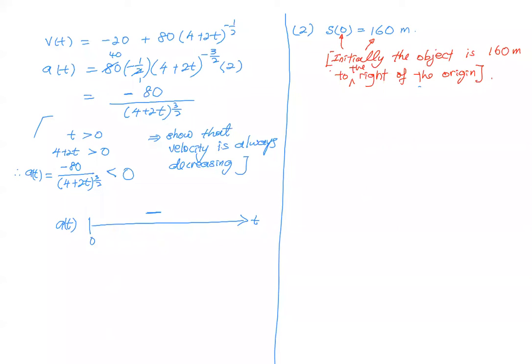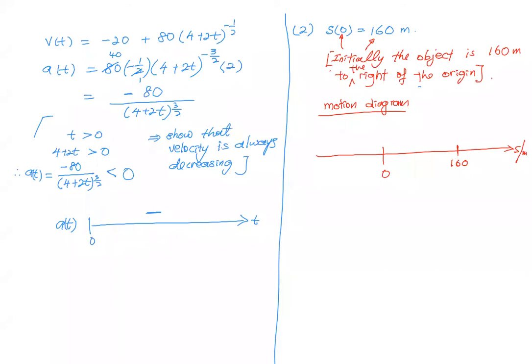So now, if I look at the motion diagram, still remember yesterday we talked about motion diagram? A straight line. So this is the origin. So where is the object? 160 meter.